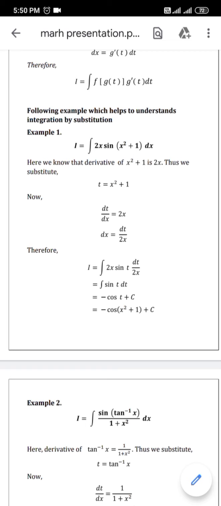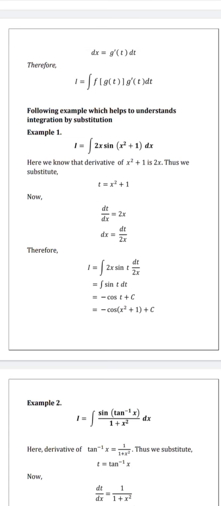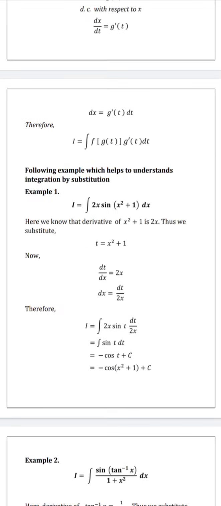Example 1. I equals integration of 2x sin(x square plus 1) dx. We know that the derivative of x square plus 1 is 2x, which is present in the integrand. Hence let's substitute x square plus 1 equals t. Now differentiate it with respect to x and get dx equals dt by 2x.